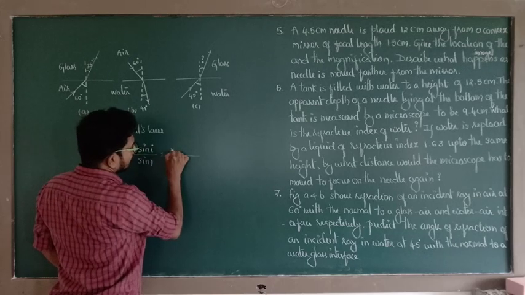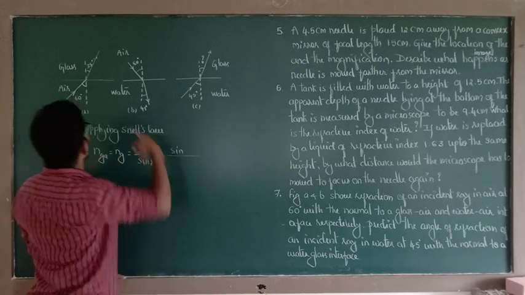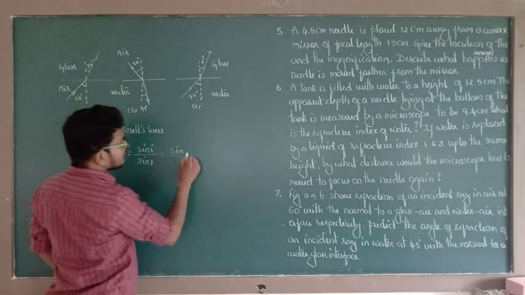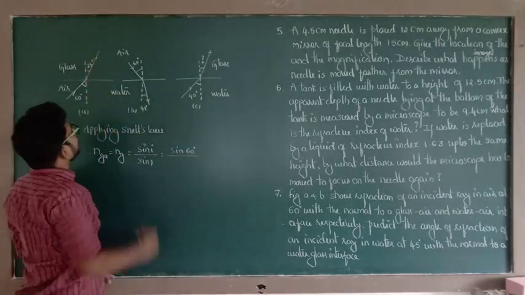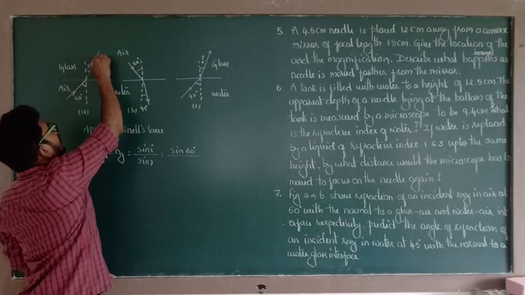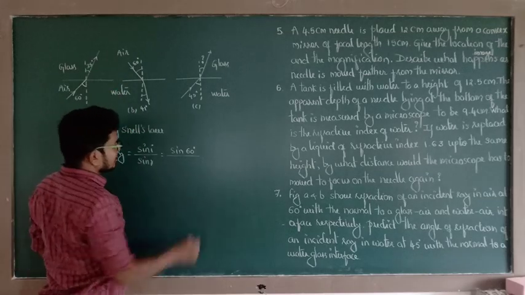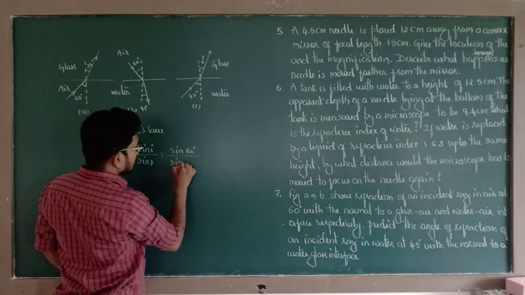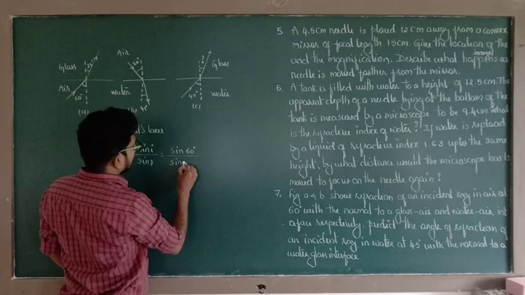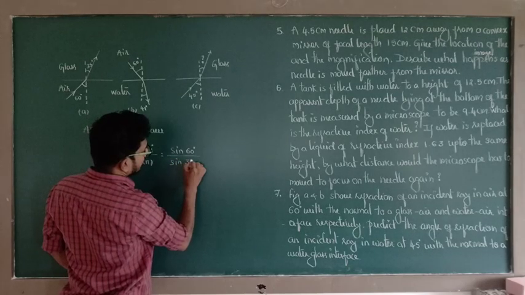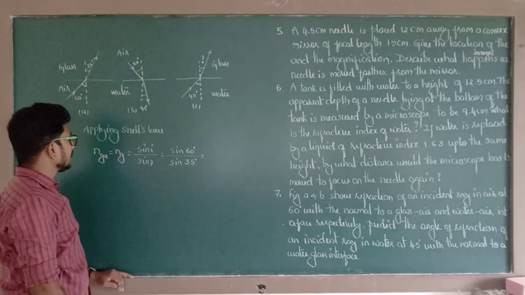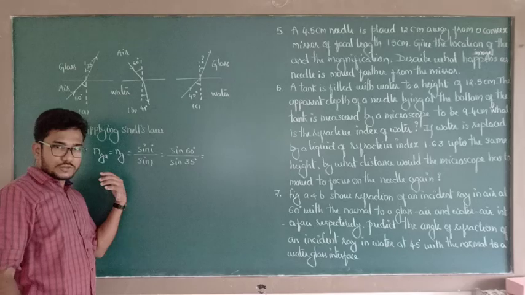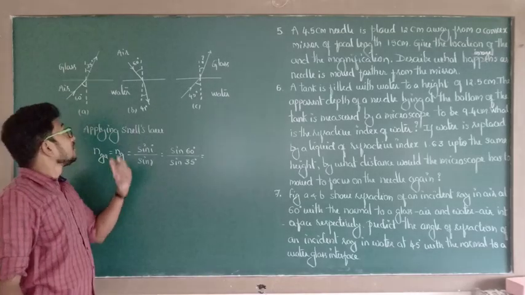In the first ray diagram, i is equal to 60 degrees and r is equal to 35 degrees. So this is the direction of the refracted light ray. Sin 60 degrees divided by sin 35 degrees. Put in the values of sin 60 degrees and sin 35 degrees, and you will get the absolute refractive index of glass with respect to air.